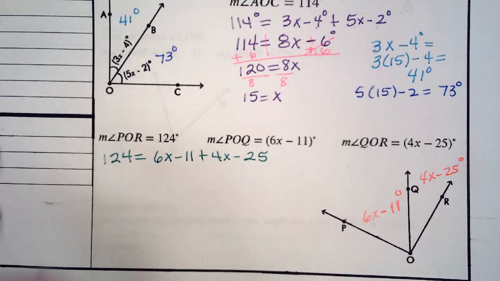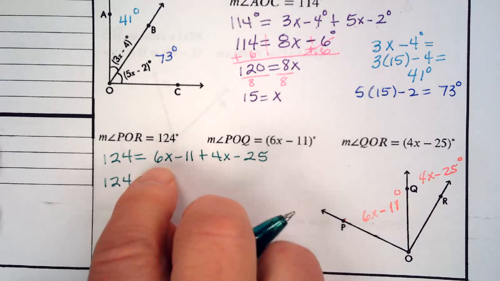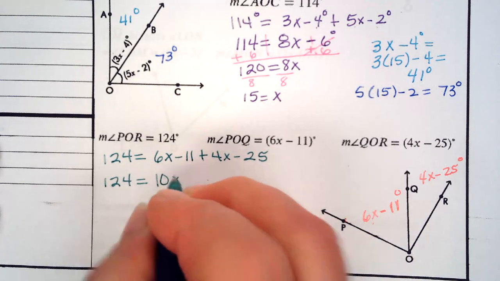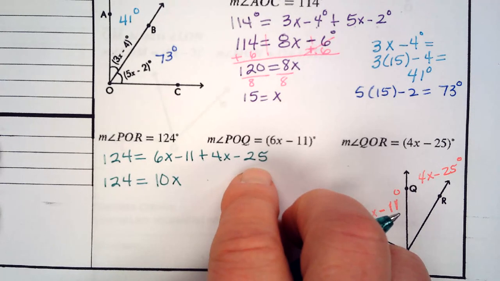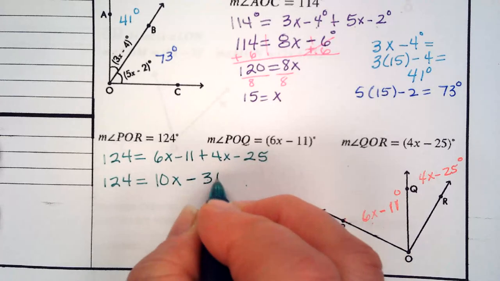Collect your like terms. 124 is equal to 6x plus 4x is 10x. Negative 11 minus 25 more, they're both negative, so you add them together. 11 plus 25 is 36. Keep that negative sign, minus 36.